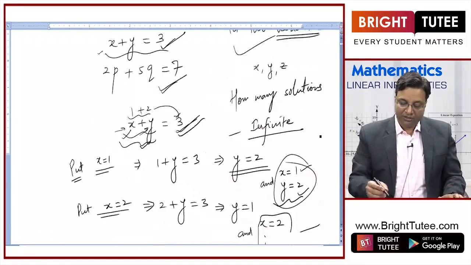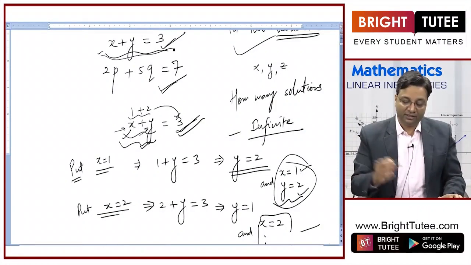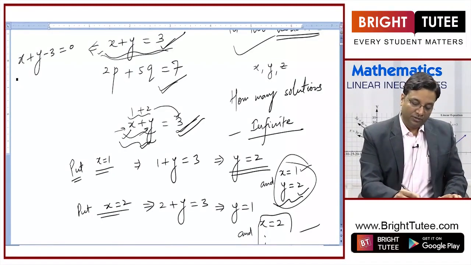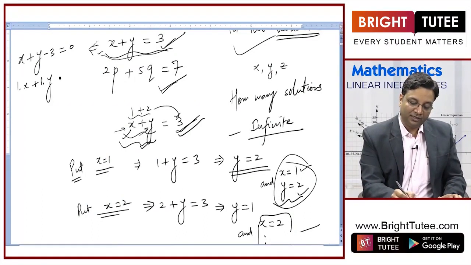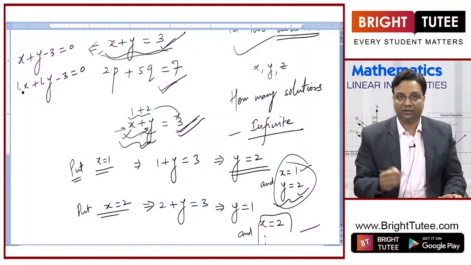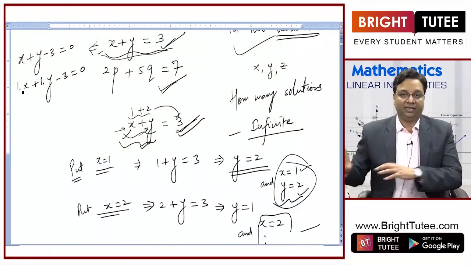Now these equations can also be written in this general form, because this x plus y equal to 3 is nothing but x plus y minus 3 equals 0. So in this particular equation, I can write it as 1 into x plus 1 into y minus 3 equal to 0. You don't have to write this 1 into x or 1 into y while writing the equations.